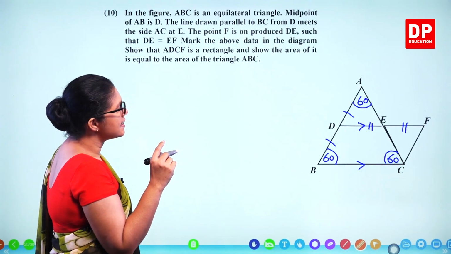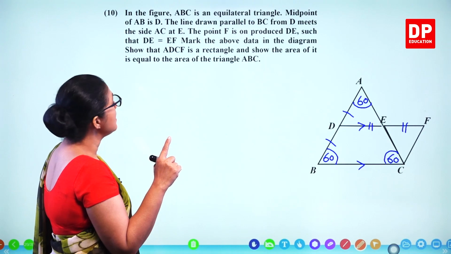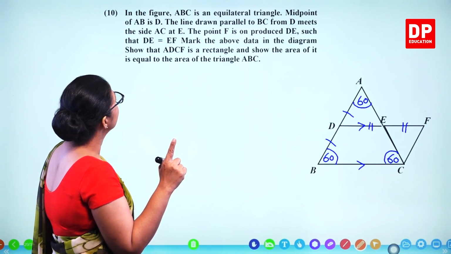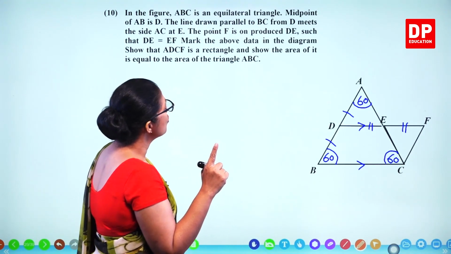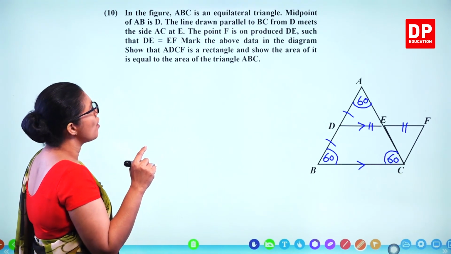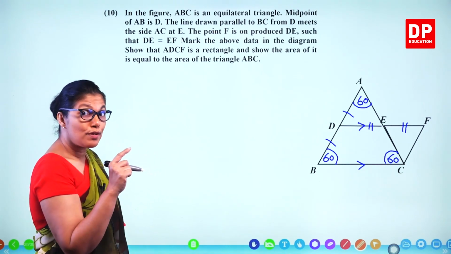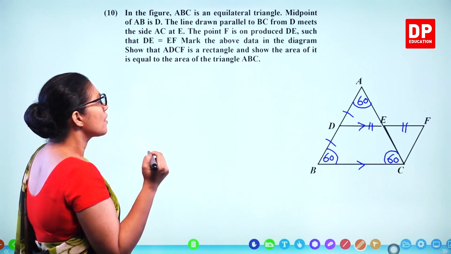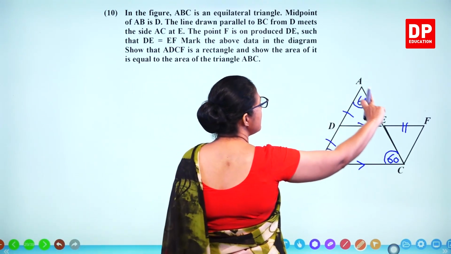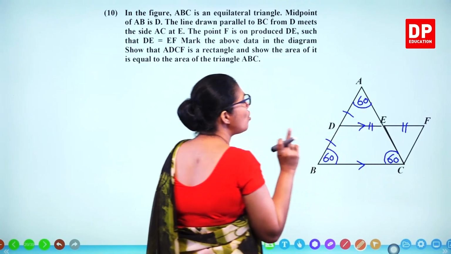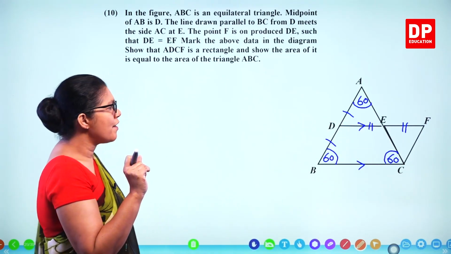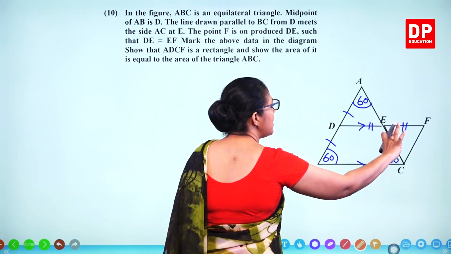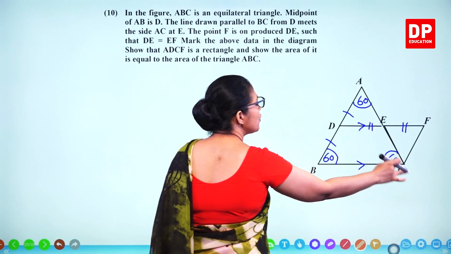Show that ADCF is a rectangle and show that the area of it is equal to the area of the triangle ABC. So we'll do the first part, showing that it's a rectangle. What can you say about this distance? Now, according to the converse midpoint theorem, this is the midpoint when you draw parallel lines and this becomes the midpoint of AC.